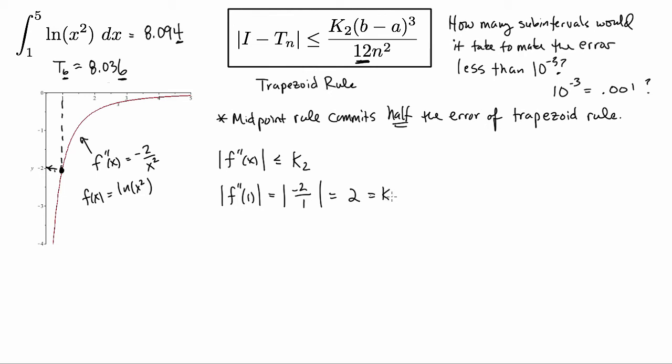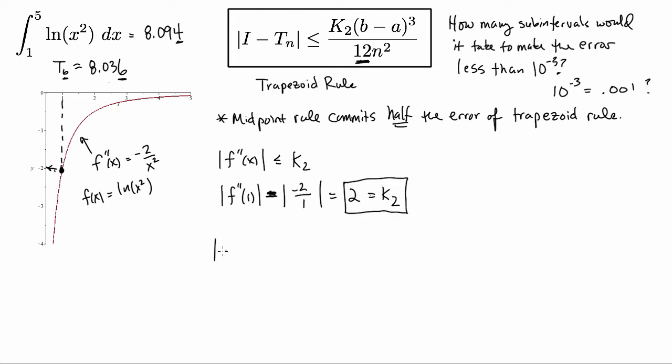And so that is my K2 value. Everything is less than or equal to that point. Nothing gets further away than 2 on this graph from the interval from 1 to 5. So since my K2 value is 2, I can use that to plug into the formula.